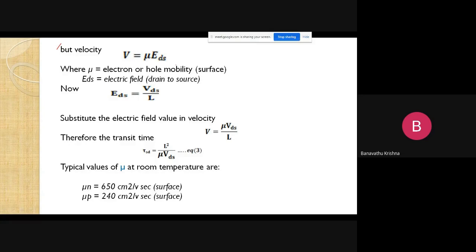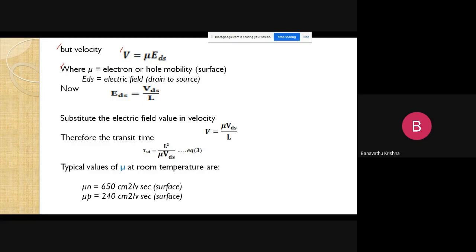That is the maximum speed attained by the charge carrier. The velocity of the charge carrier, V, equals mu into EDS, where mu is called the mobility, electron mobility or hole mobility on the surface.